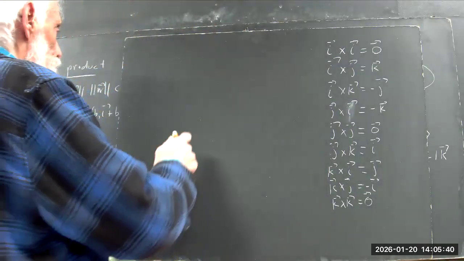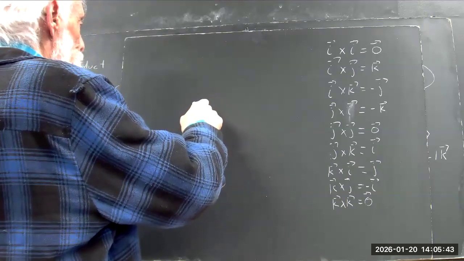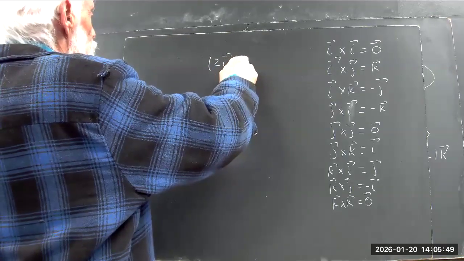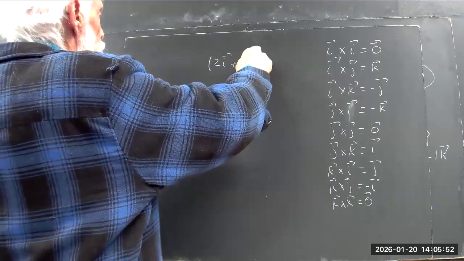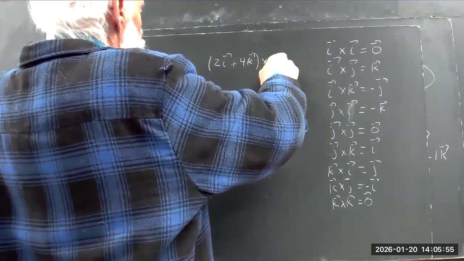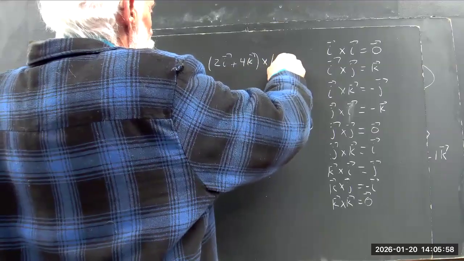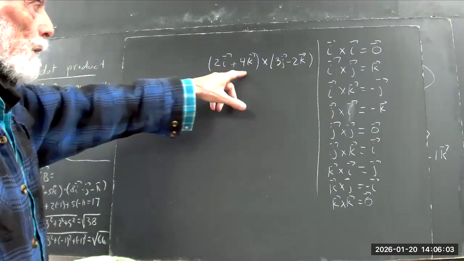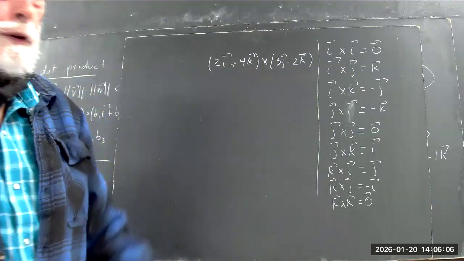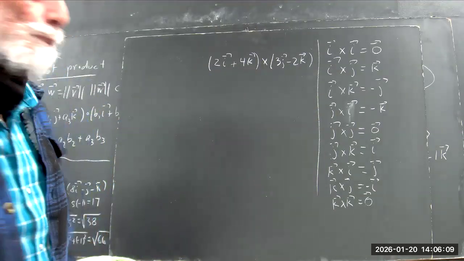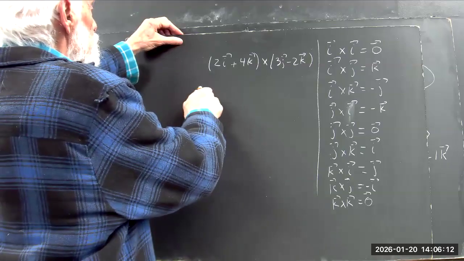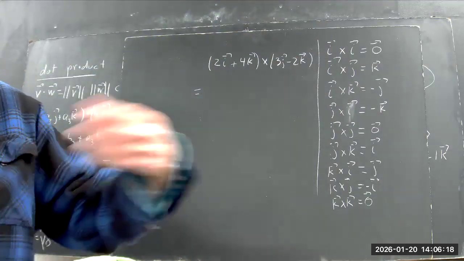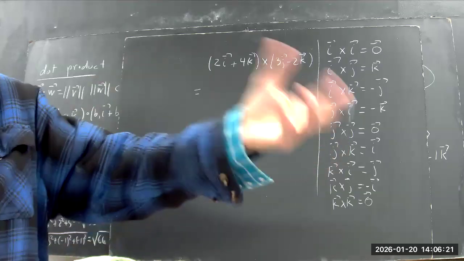So let's take a cross product of two vectors. Let's take 2I plus 4K crossed with 3J minus 2K. There's a distributive law here, the distributive law of cross product.